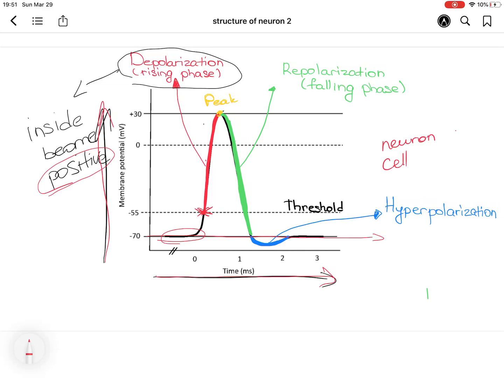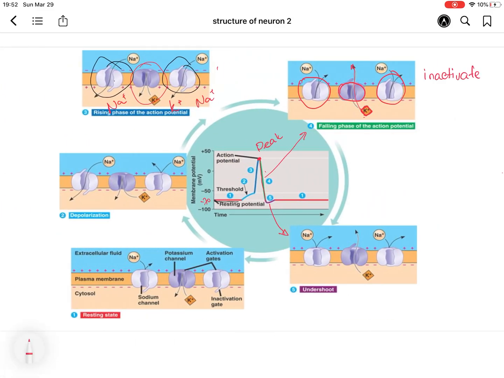Repolarization means the inside of the cell becomes negative again and the outside of the cell becomes positive. Also here we have hyperpolarization. Then after some time we have the resting potential.